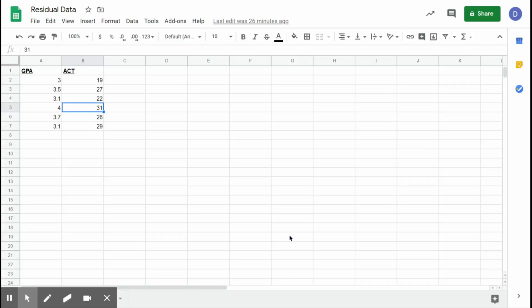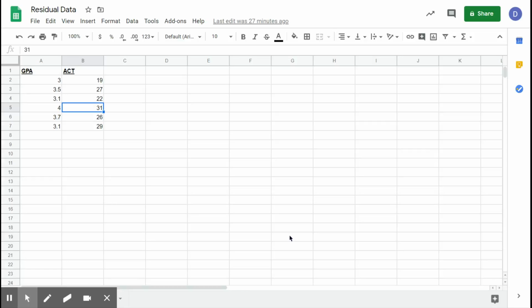So it's a moderate positive correlation. We have our equation. Our slope is 7.75, so that means for every point in GPA you get, your ACT score is going to go up by about 7 3/4 points. And our y-intercept b is negative 0.68, which means if you have a 0 GPA, you're going to get a negative 0.68 on your ACT. Now, obviously, that doesn't make any sense, so that extrapolation would not work in this case.